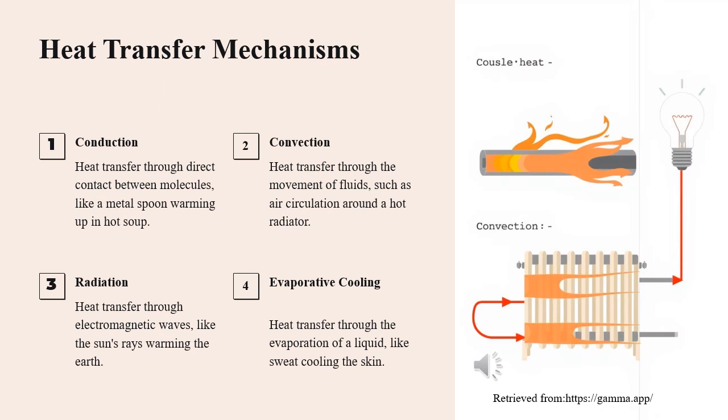Conduction involves heat transfer through direct contact, such as the warmth you feel when touching a hot metal surface. As for convection, convection occurs when heat moves through a fluid, driven by differences in temperature and density, like the way warm air rises.